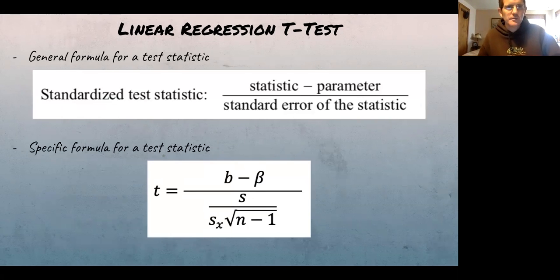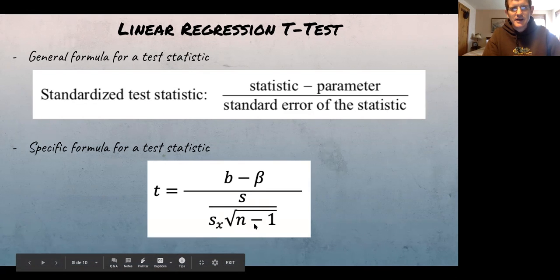Okay, the general formula for a test statistic is given like this, and you should be well aware of that by now. Now, the specific formula for a test statistic is going to be b, the sample slope that we get from our regression, minus beta, which is a parameter that we're testing.